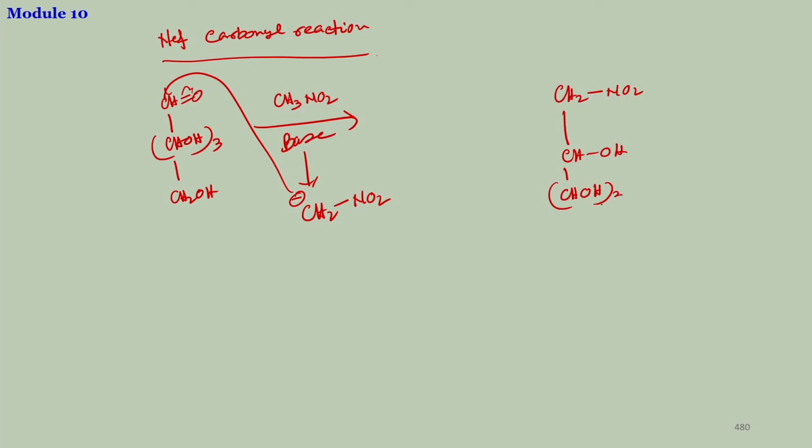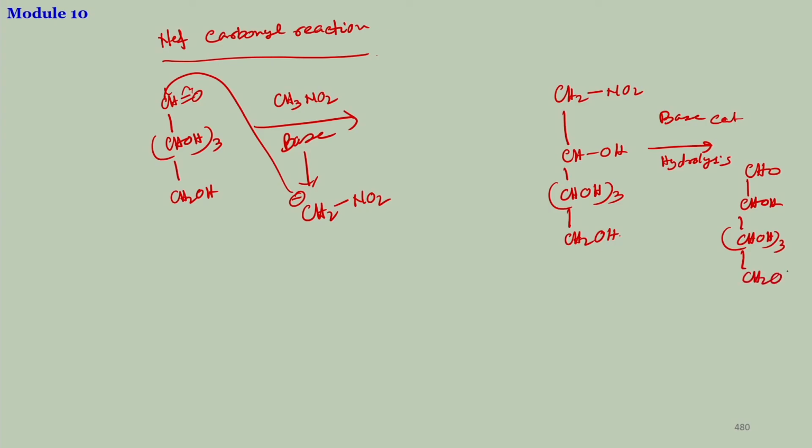So, you have created a new CH2OH, and then on base catalyzed hydrolysis you can convert it into the aldehyde CHO, CHOH, CH2OH. So, you have now one carbon up.